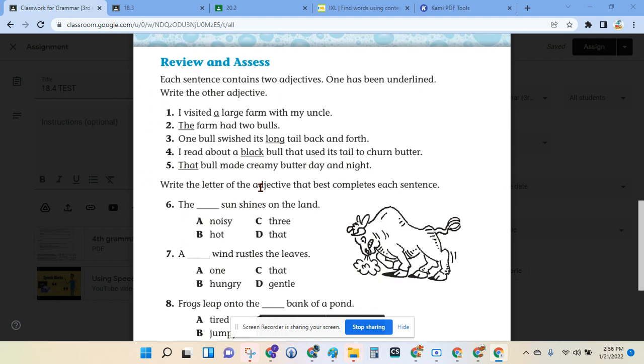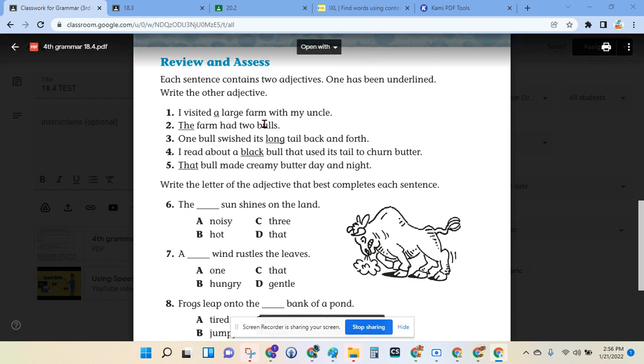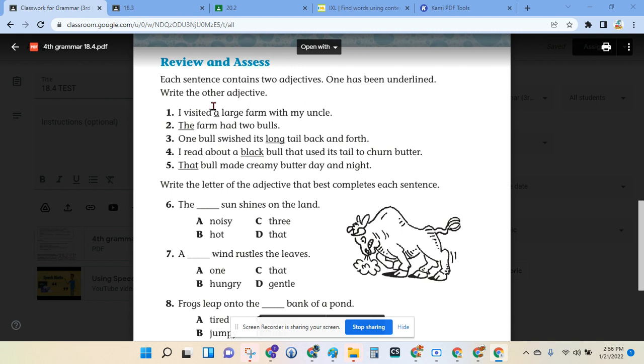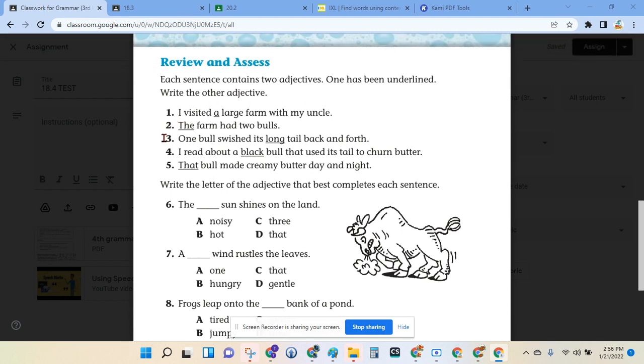And then down here, it's wanting you to find the 2 adjectives in the sentence. Now it says one adjective has been underlined. Remember, an adjective tells us what kind, how many, or which one. So you want to look for words in each one of these sentences.